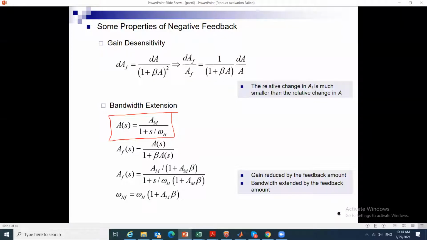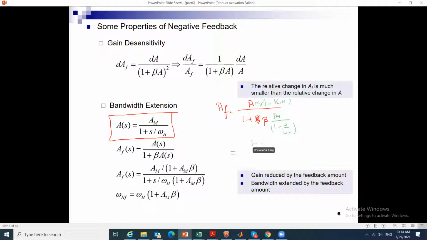I will plug in AF, which is A over 1 plus A beta. Okay, I'm going to remove this, and multiply here by the A expression, which is AM over 1 plus S over omega H, and also in the numerator AM over 1 plus S over omega H. Okay, the first thing that comes to mind is let me multiply 1 plus S over omega H in the numerator and denominator.